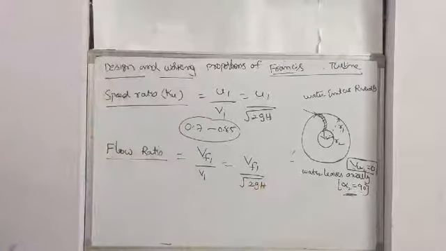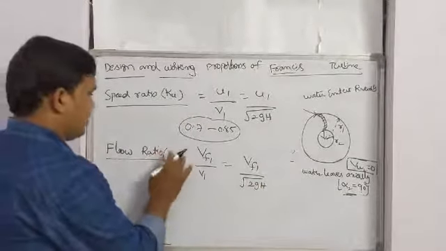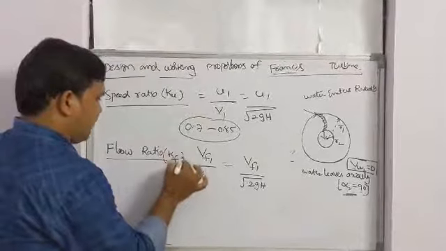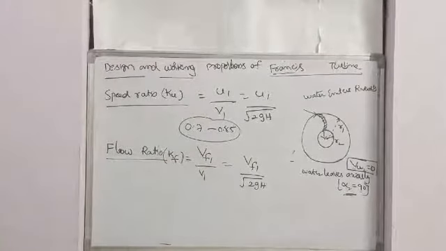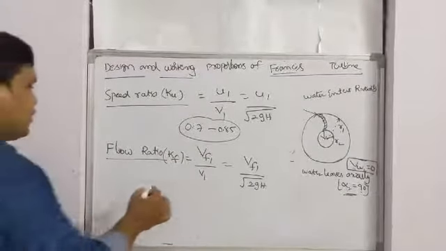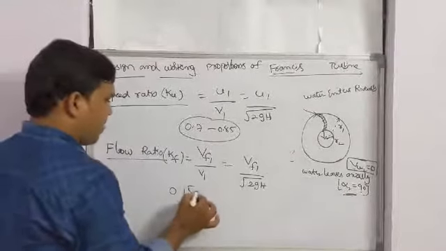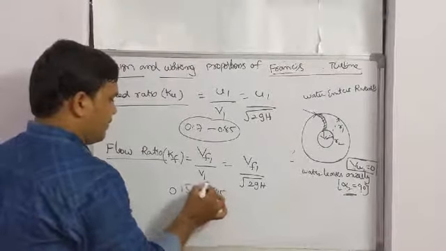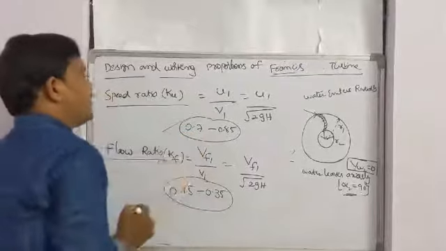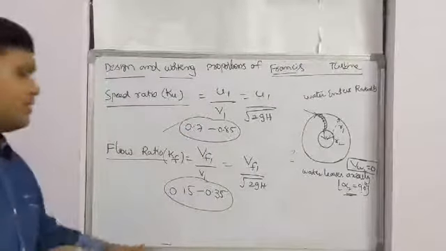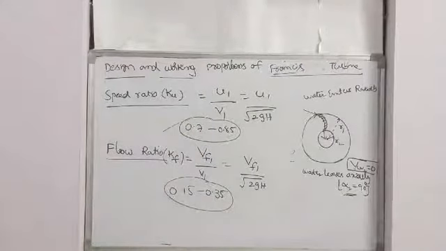We denote it as Kf. Generally the flow ratio of a Francis turbine is 0.15 to 0.35. This is the speed ratio of a Francis turbine, and this is the flow ratio of a Francis turbine. So coming to the discharge equation.